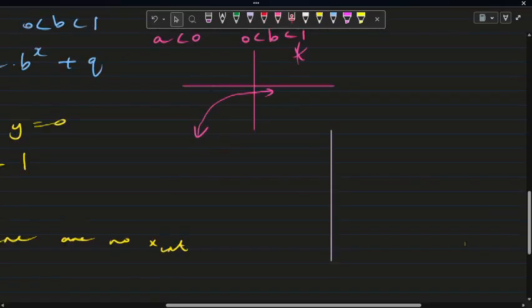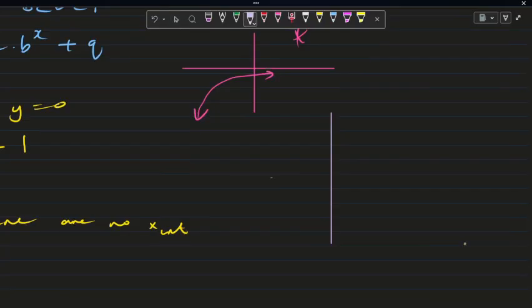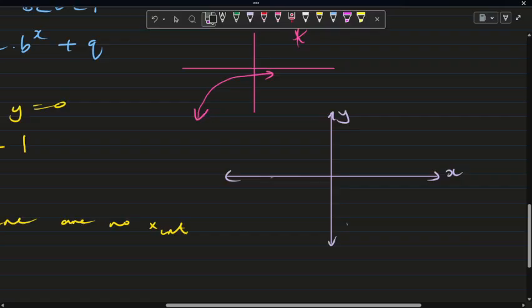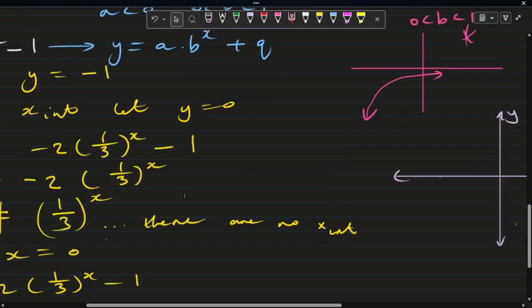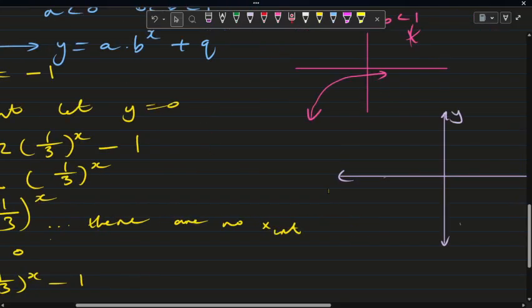It will be like that, and then it will be like that as well. So this is the y, this is the x. Okay, so this is the x-axis, this is the y-axis.